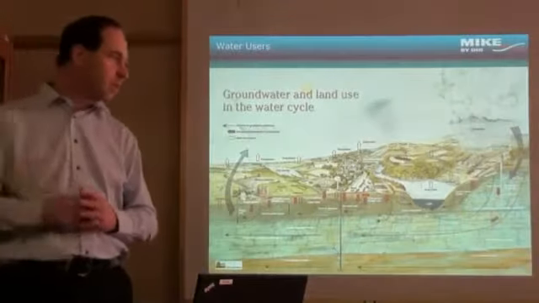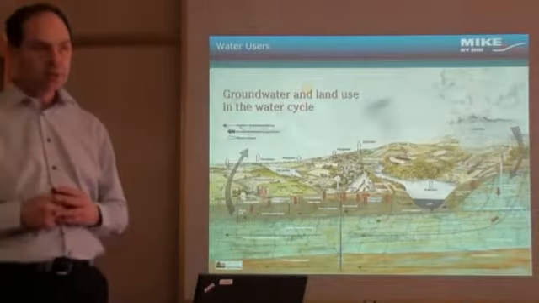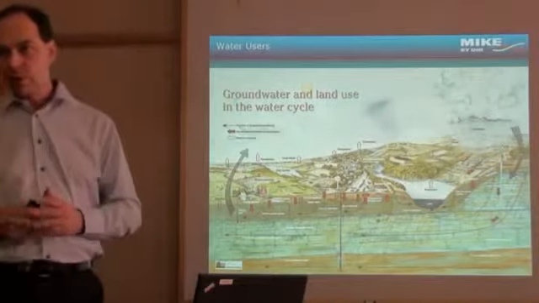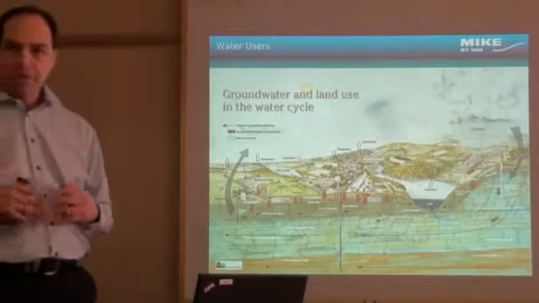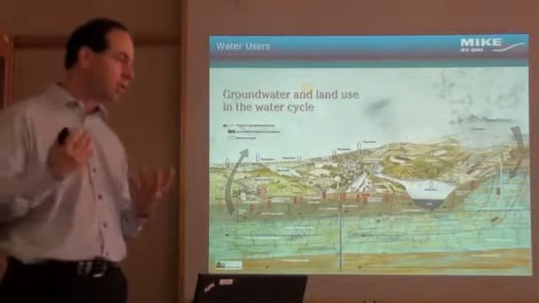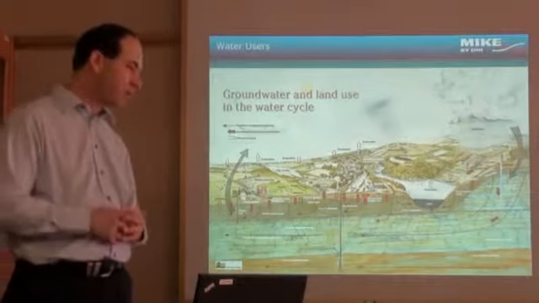Now that picture we saw previously is very much a pristine natural system, but the real system is much more complex. The reason it's more complex is primarily because we have people using the water. We have people actually doing something to the water and changing the way that water cycle functions.